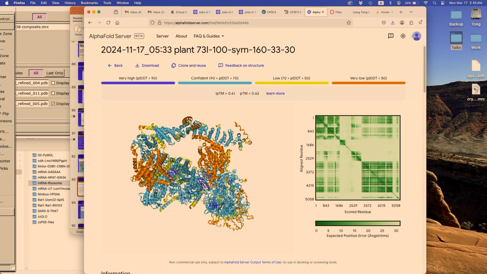So this plot also tells you whether there's anything important going on. For example, there's a stripe right here that's interacting. So you have to look not only at this model, but also at this together. All the information together will give you a sense of how believable your structure prediction is.